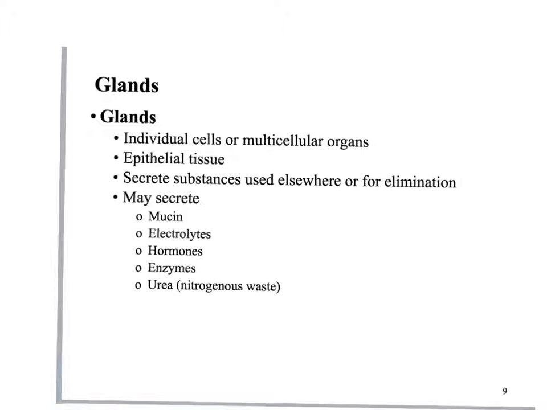Okay, tears come from the lacrimal gland, which comes from epithelial tissue, right? And tears have enzymes in them as well, antibacterial enzymes. All right, and then urea or nitrogenous waste. Right, your kidneys are abundant in epithelial tissue, especially the glands, which will produce urea.